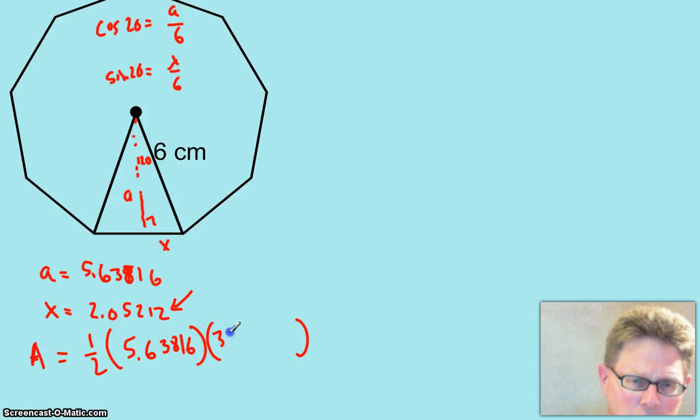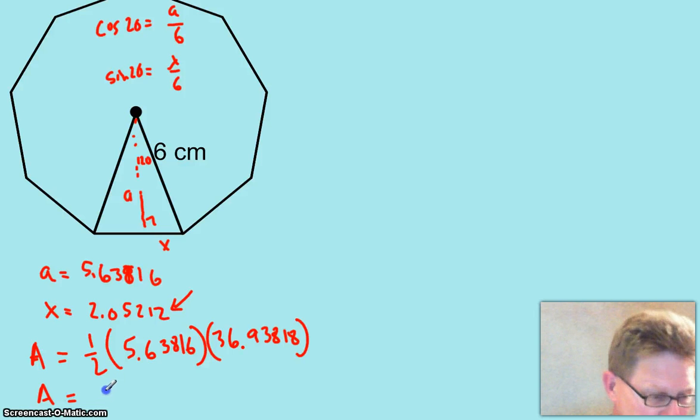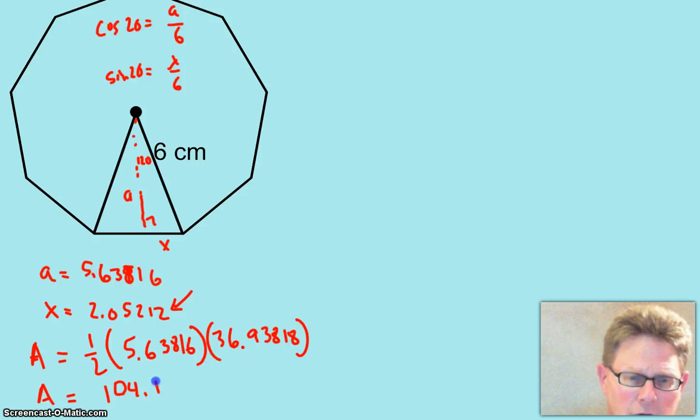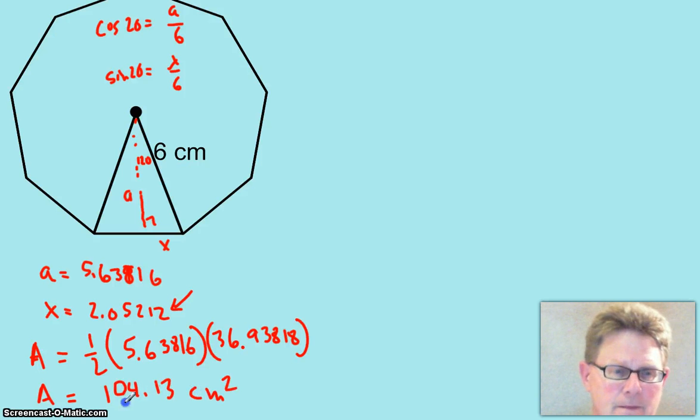Okay, the perimeter was 36.93818, and then when you multiply those three values together, rounded to two places, 104.13 centimeters squared. And we're going to stop right there.